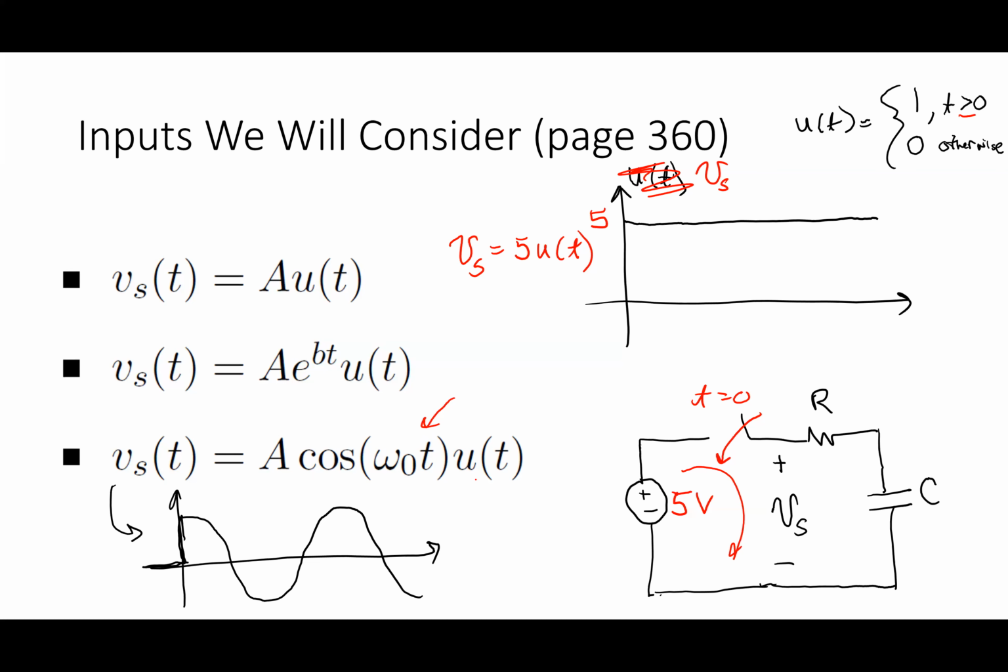The fact that I multiply by u of t means it's basically the same as having a cosine omega naught t and, at t equal to 0, closing the switch. That represents pressing the on button, or turning this thing on. That's all it is doing, representing it mathematically.